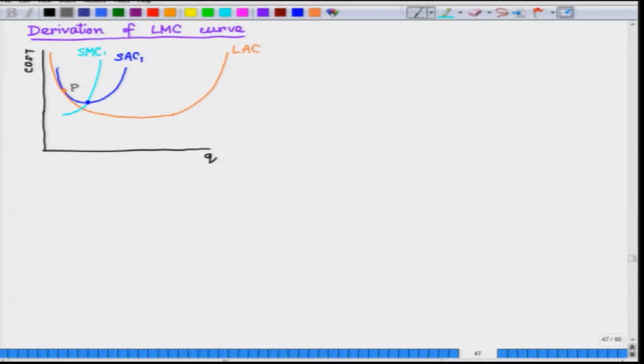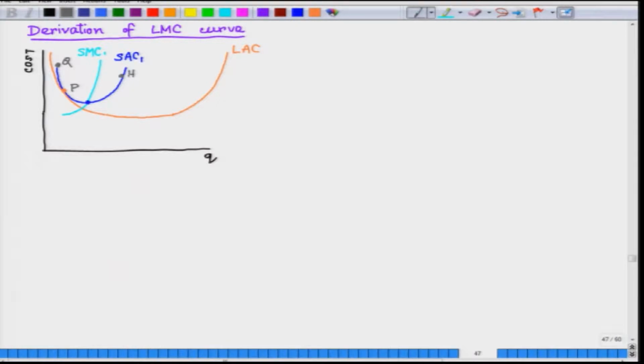Now, let me talk about some off tangency points, like this point here. Let me call this point Q, and let me take another point on the same short run average cost curve, on the upward sloping segment of the short run average cost curve, and let me call this point H.